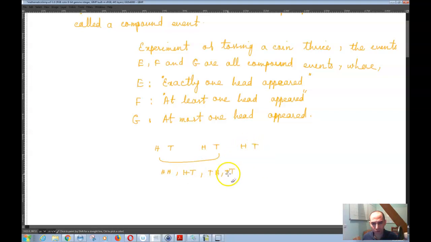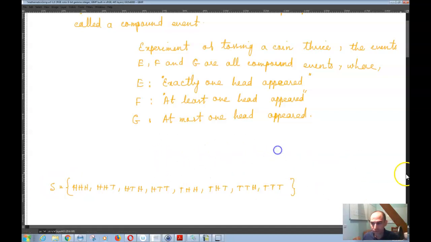Putting these four with these two, you would get HHH, HHT, HTH, HTT, THH, THT, TTH, and TTT. So this is the sample space for this experiment.